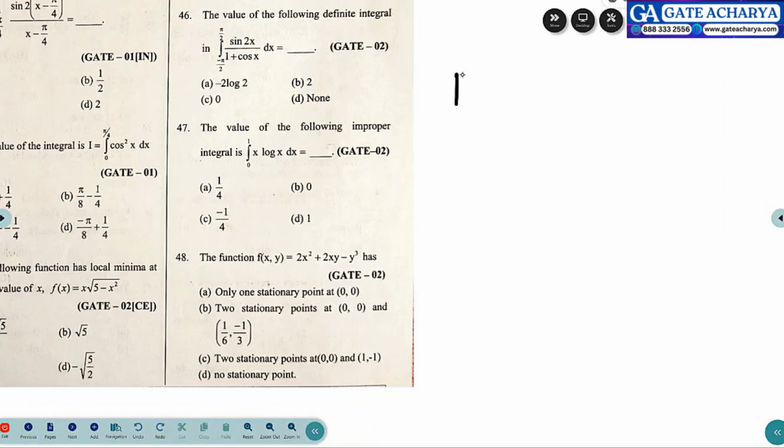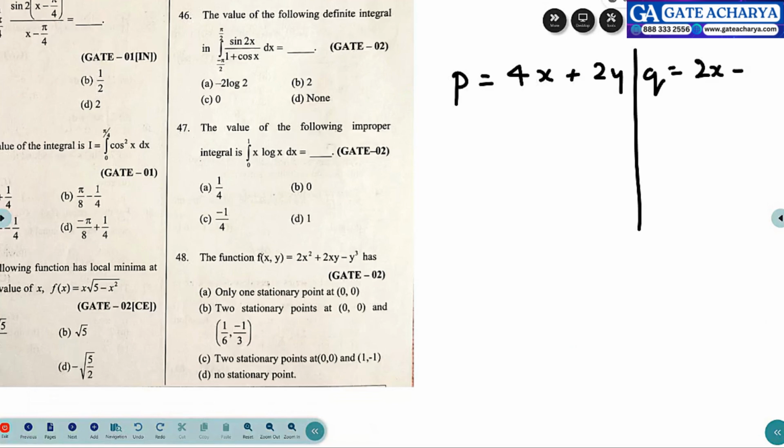P is what? Take the derivative with respect to x. If I take the derivative with respect to x, what am I going to get? The derivative of 2x square is 4x plus 2y. That's it. I write it side by side. Q. What is Q? 2x minus 3y square.